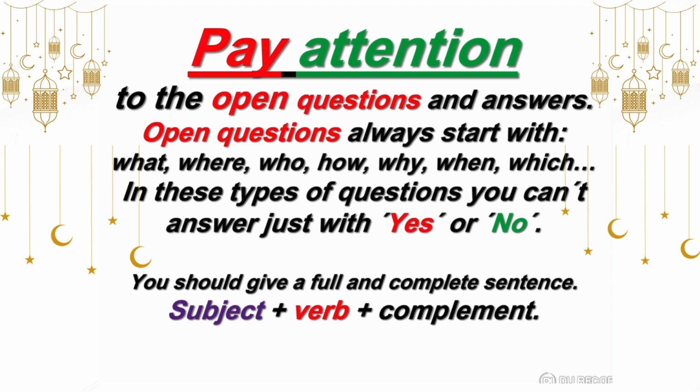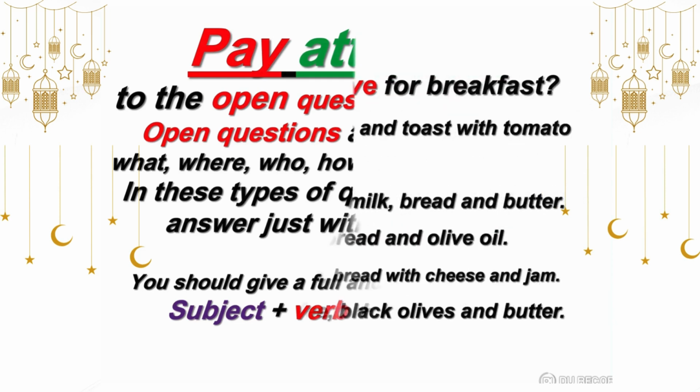In these types of questions, you can't answer just with yes or no and subject and auxiliary verb. So you should give a full and complete sentence. So you should answer subject, verb, complement. So to explain this, let's go to the examples.